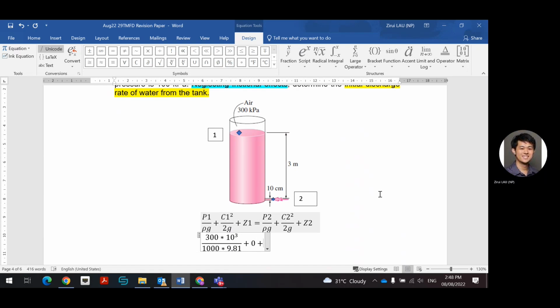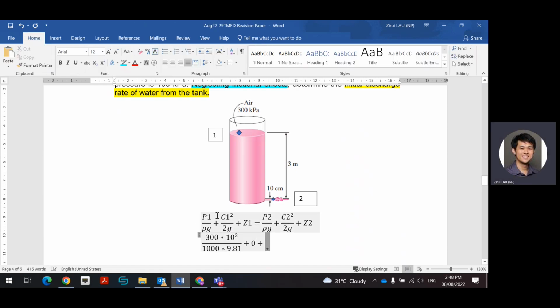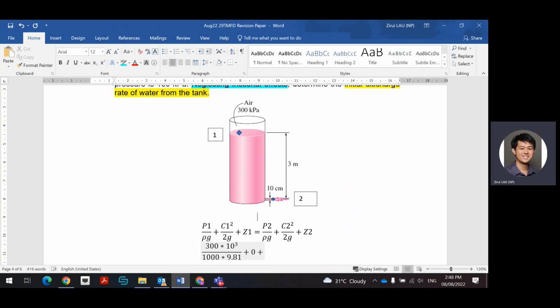So Z1. Maybe before I put this, let me write a statement here. Applying Bernoulli between point 1 and 2, taking 2 as datum.